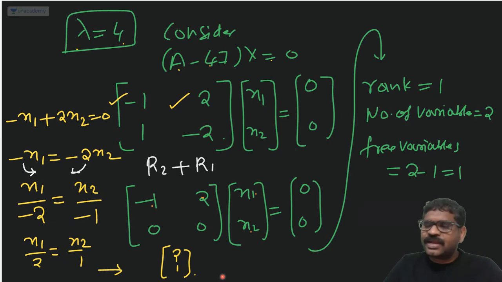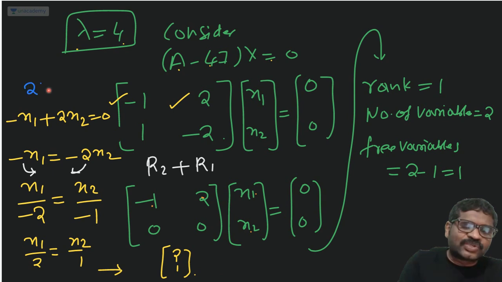Understood? Write the equation from A minus lambda I, separate the variables, use the cross multiplication procedure, then automatically it generates the eigenvector. This trick is applicable only when the matrix is 2 cross 2.